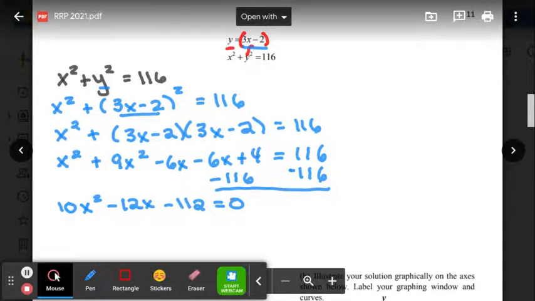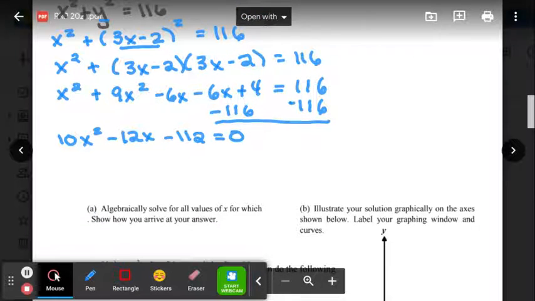Now at this point, I'm running out of room already. I could take out a GCF and factor, but the only GCF I could take out is a 2. So I might just use the quadratic formula. Okay, I'm going to factor because I think it's something that we need to review.